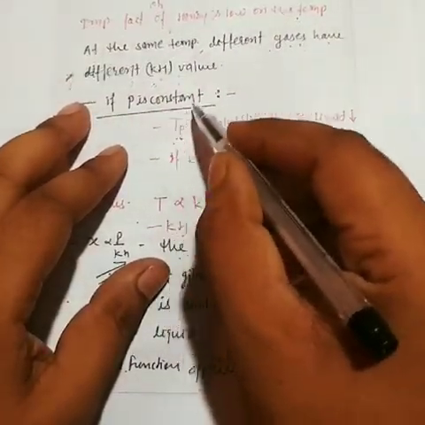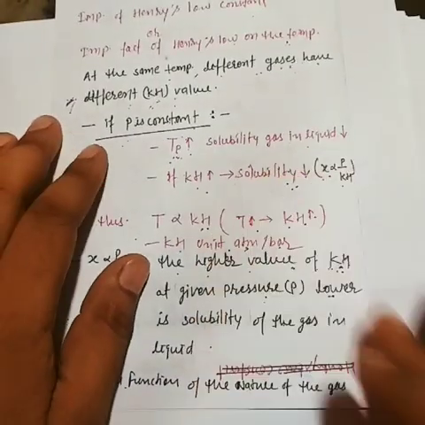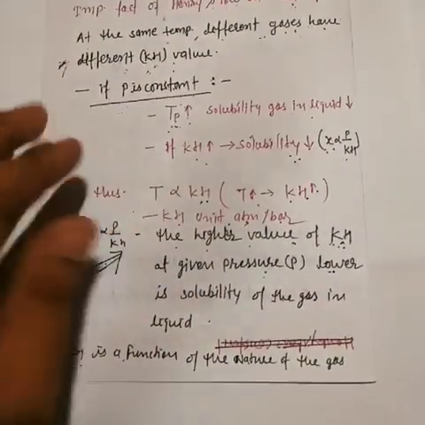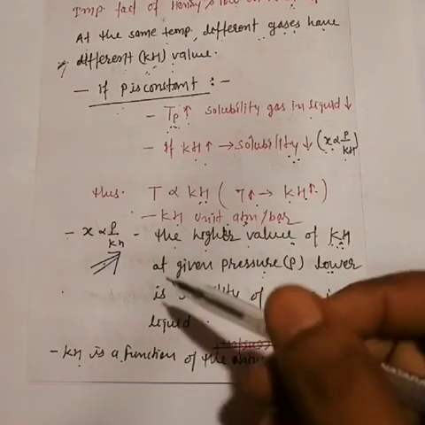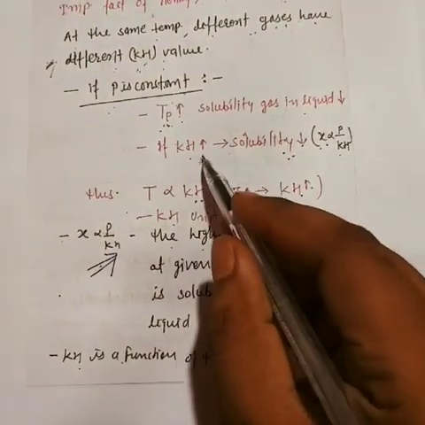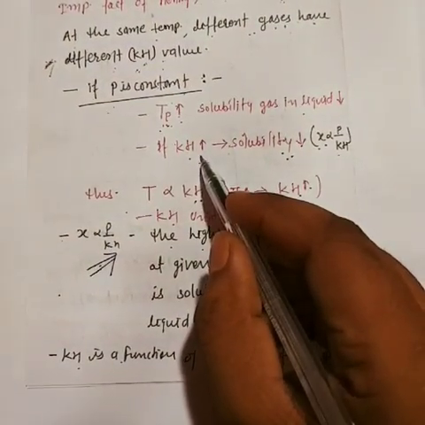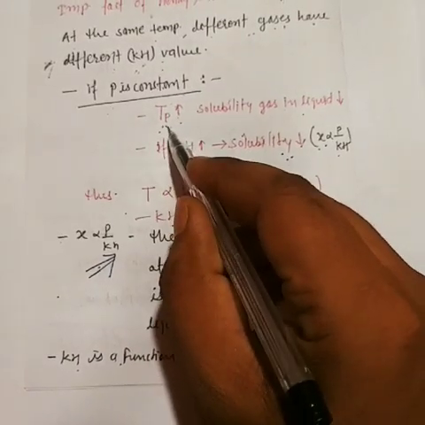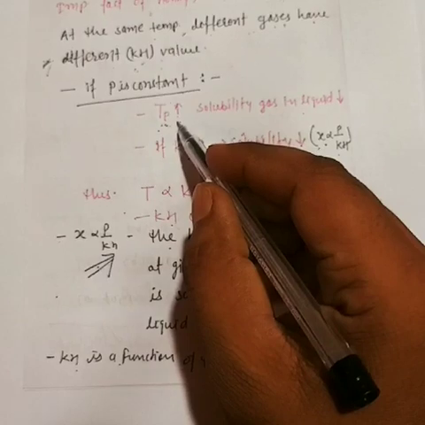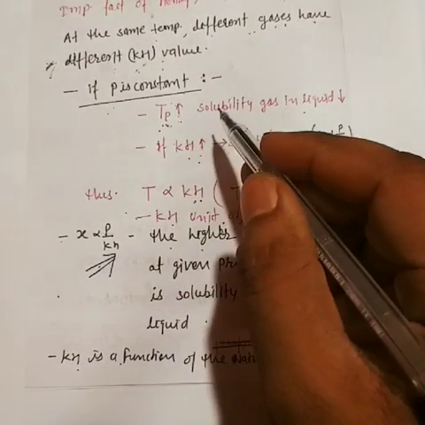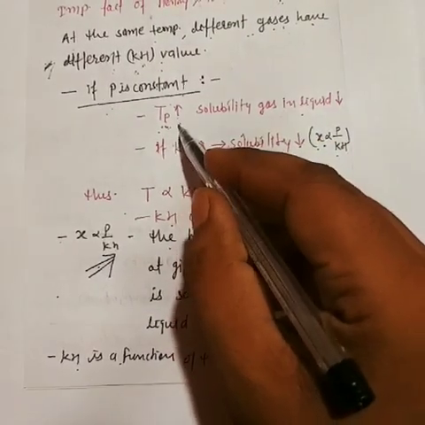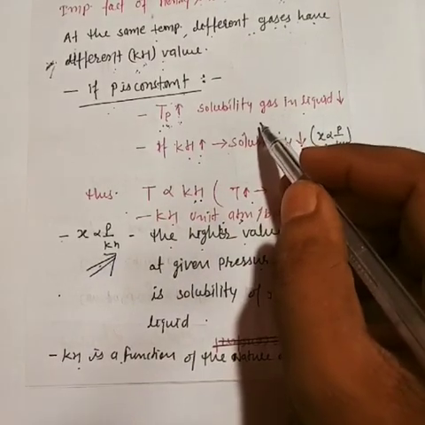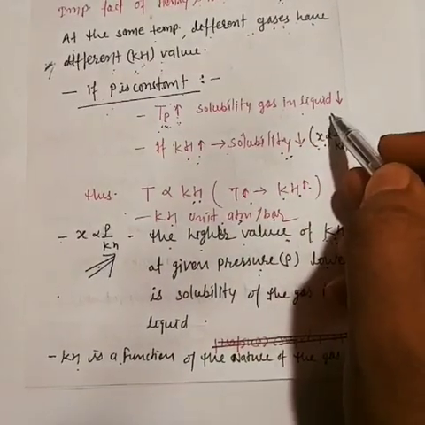That means whenever pressure is constant, pressure is fixed. So for Henry's constant, on the basis of this constant pressure, when we raise the temperature, the solubility of gas in liquid will decrease.